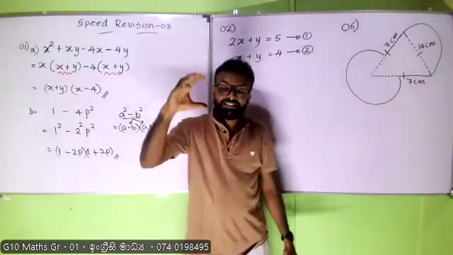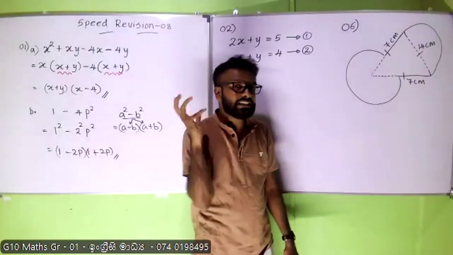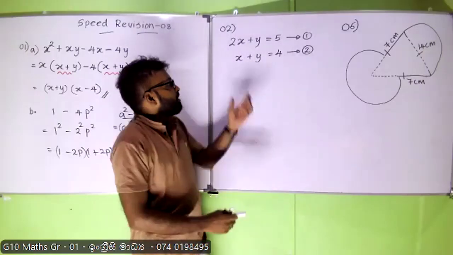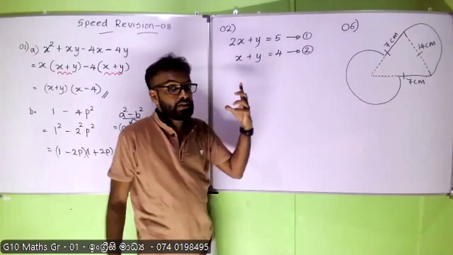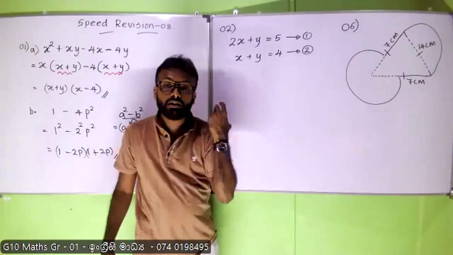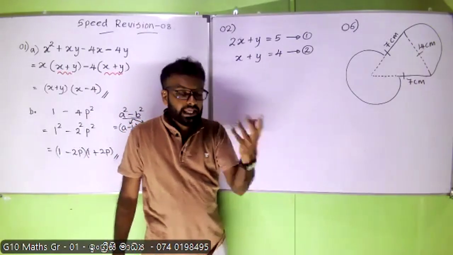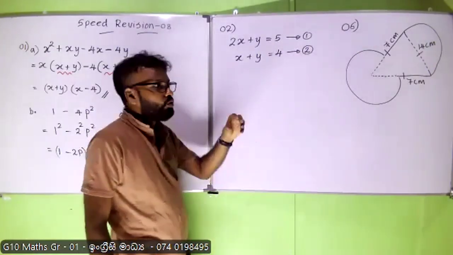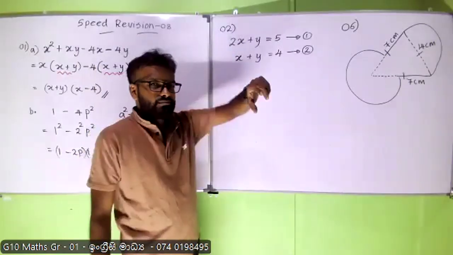Yeah. So if you use the technical terms for that particular question, here there are two terms. The first term is x, the second term is y. You are going to eliminate x. Now what you are going to look for are x and x.